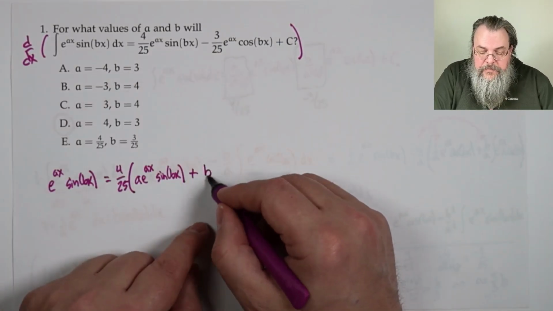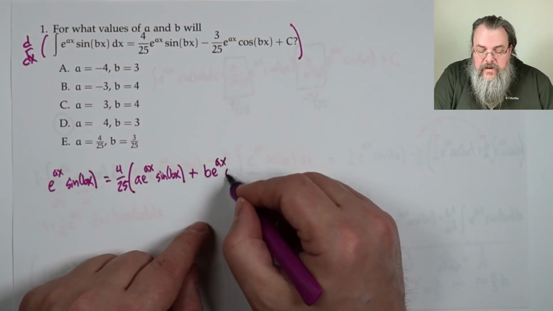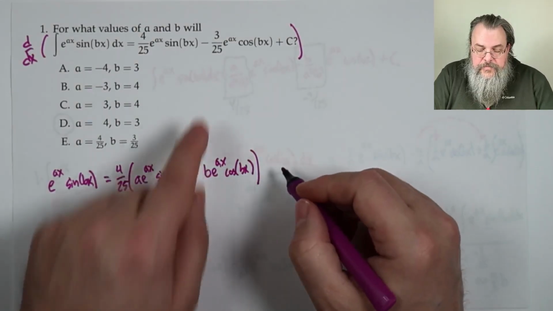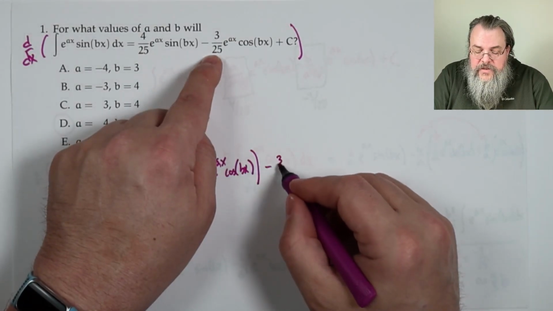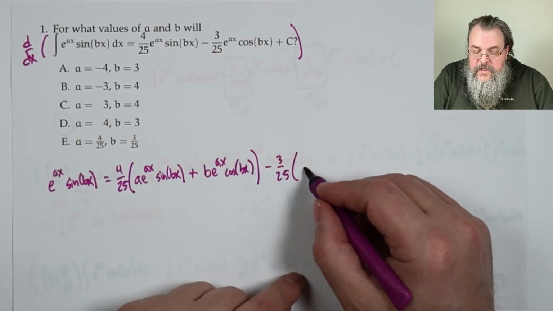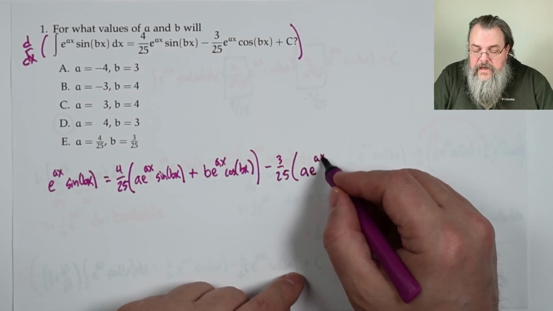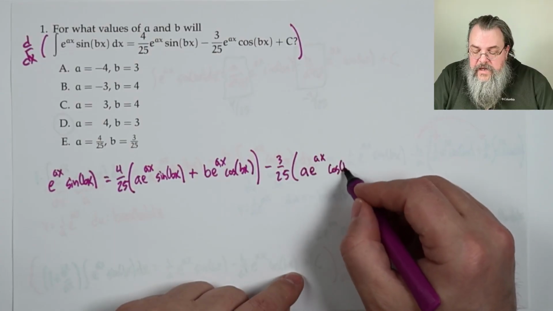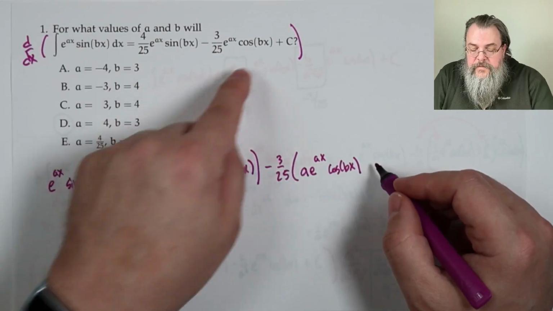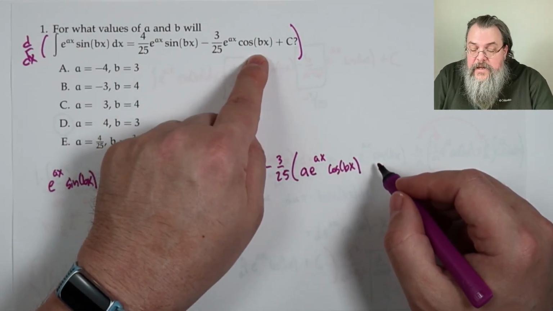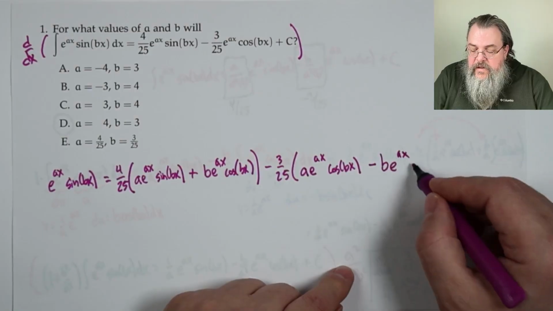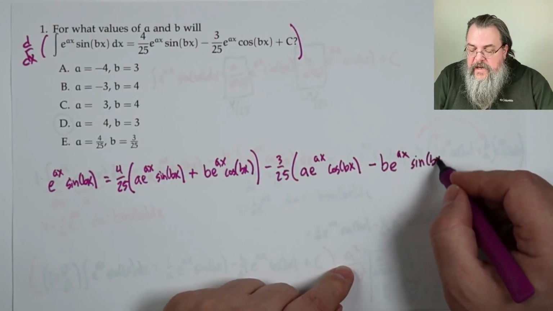So it'll be b e to the ax cosine bx. All right. Then we have minus 3 over 25, and same process. Derivative of the first times the second, so a e to the ax cosine bx. And then derivative of cosine is negative sine. We pull out a b. So minus b e to the ax sine of bx.